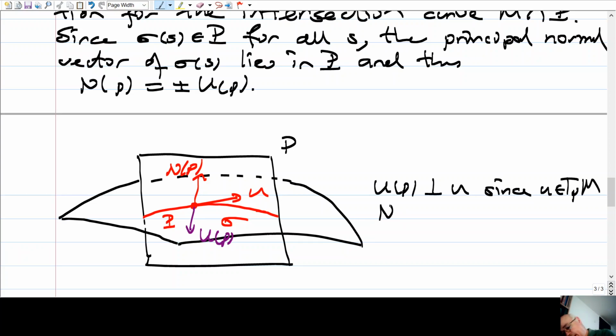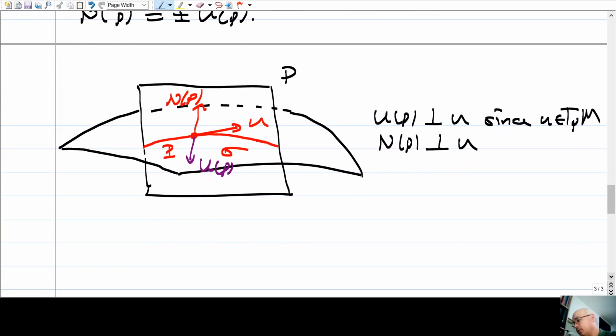And I know that np is normal to u because this is the principal normal vector. But we are in a plane P, and I have three vectors. Two of them are normal to u. Therefore, these are either parallel or have the opposite direction. Since they are both normal, either they are the same or one of them is the negative of the other one.